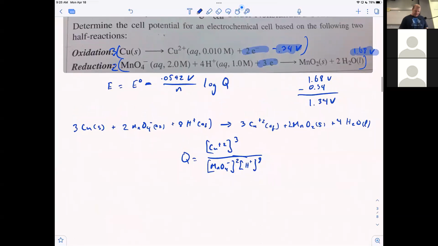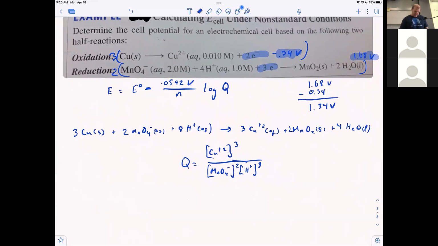And I can just go ahead and put the numbers. The numbers are going to be 0.01 cubed all over 2 squared times 1 to the 8th. So nice that it's 1 molar. 1, whatever to the 8th power, that would be a tough number. Good thing it's a 1. Also, what else is our N?